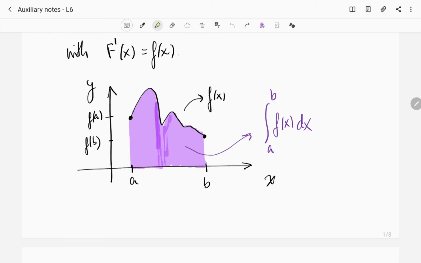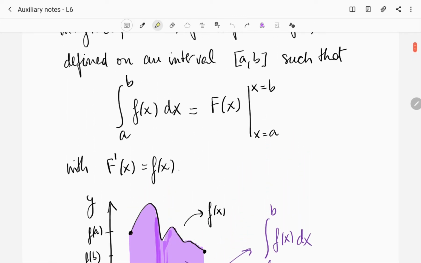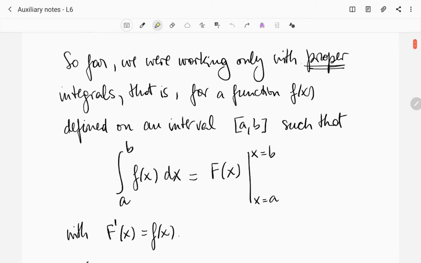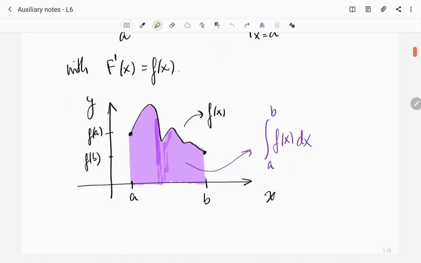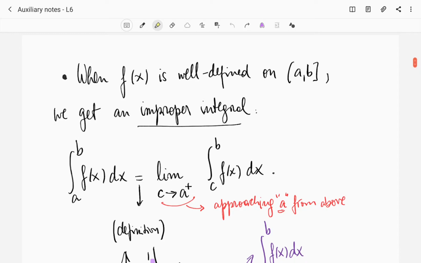But okay, this is not super important, we are just going to see the difference between proper integrals and the improper ones, that are the new type that we are going to work with in this lecture.